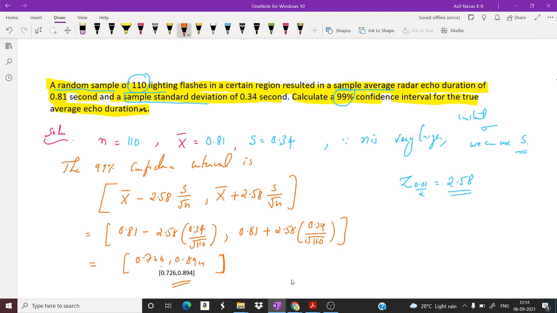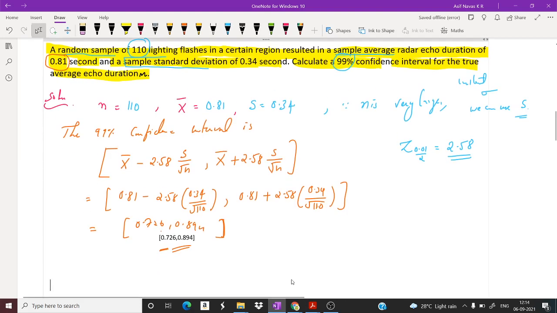So the sample mean is 0.81, and the population mean has a 99% probability that it belongs to this interval. Okay, so finding a confidence interval is very easy.